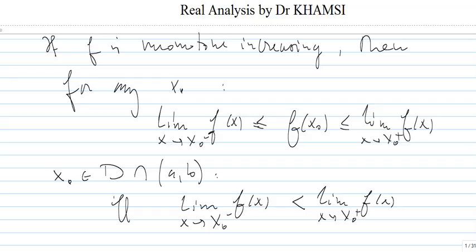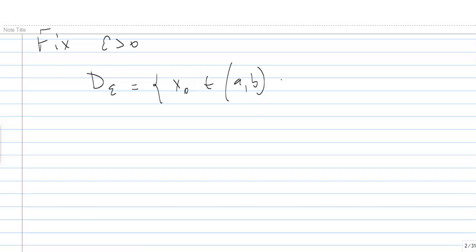So in order for us to show that D is countable, let's fix epsilon positive and consider D epsilon equal to the set of x0 which belongs to AB, such that the limit from the right minus the limit from the left is greater or equal than epsilon.